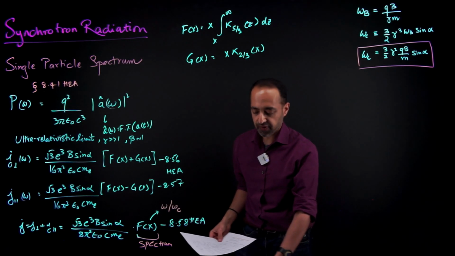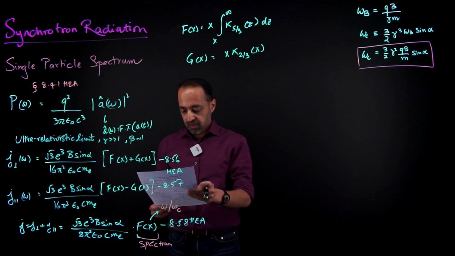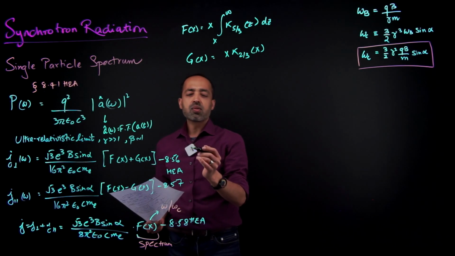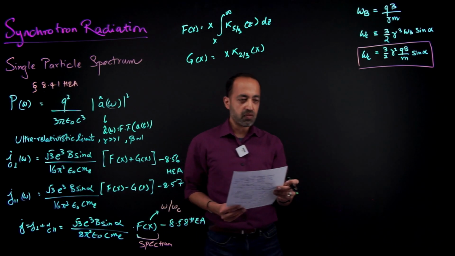Let's look at the shape of f of x. It's easier to understand this if we write down some asymptotic limits of f of x.